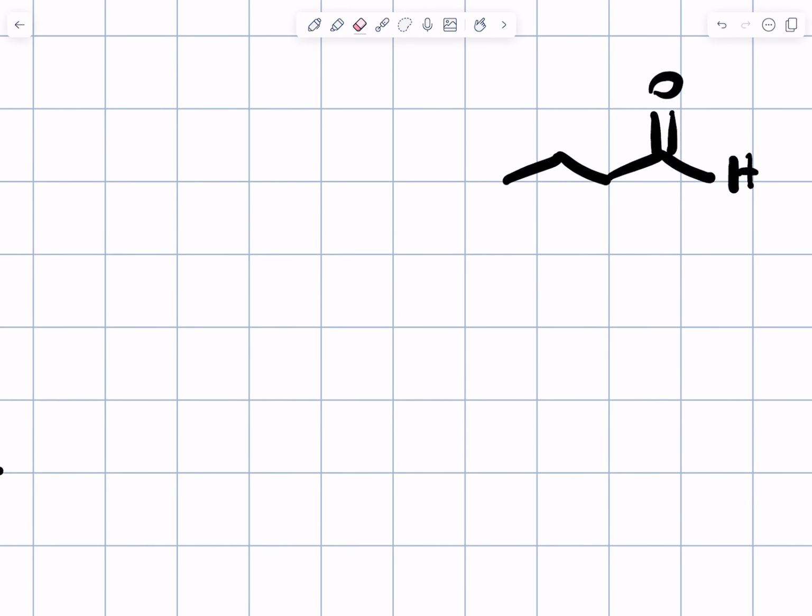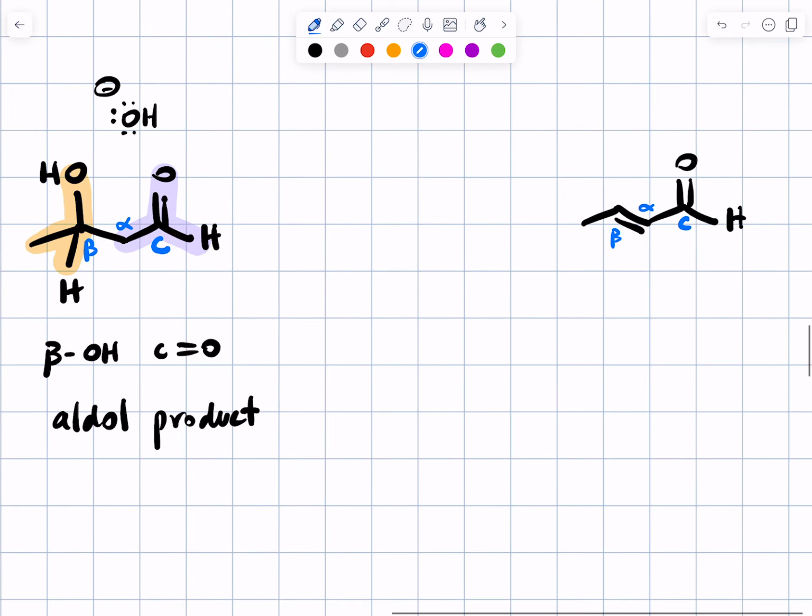Here's the carbonyl carbon, the alpha carbon, and the beta carbon. And comparing those two, look at what's missing. We're missing a proton on the alpha carbon, and we're missing an OH group on the beta carbon.